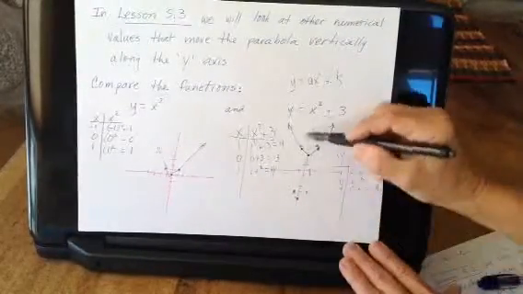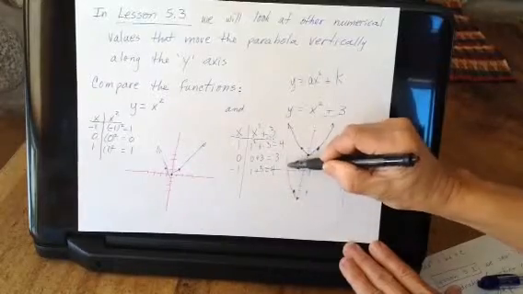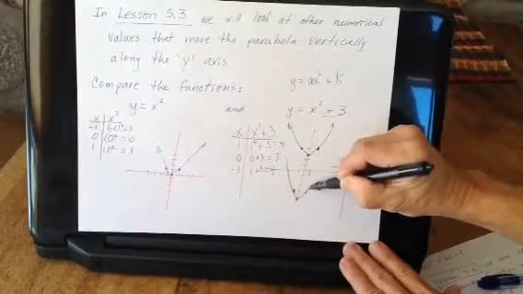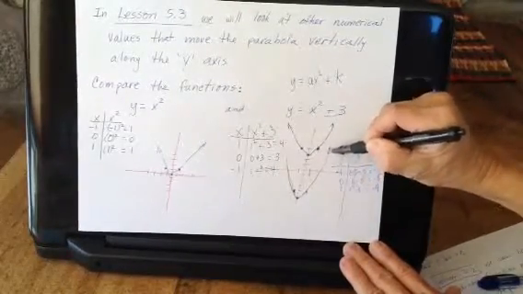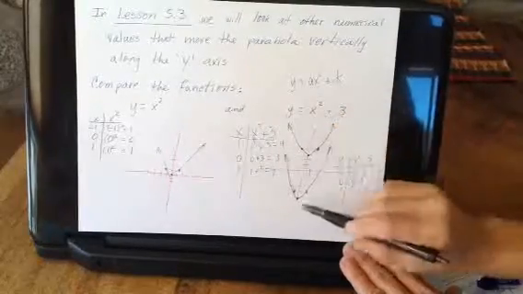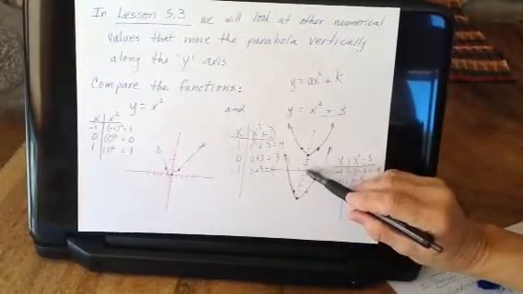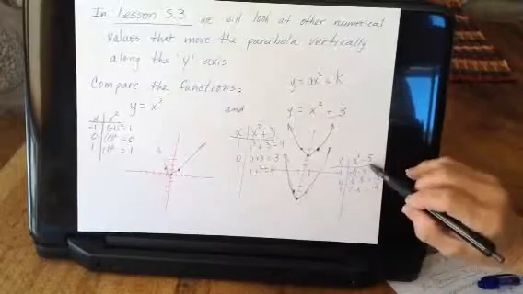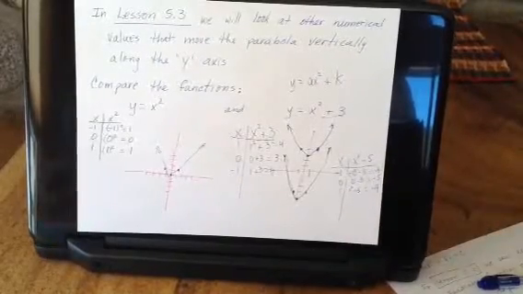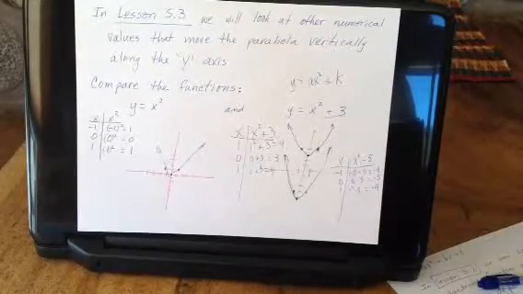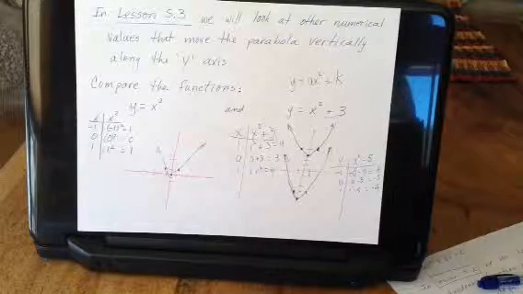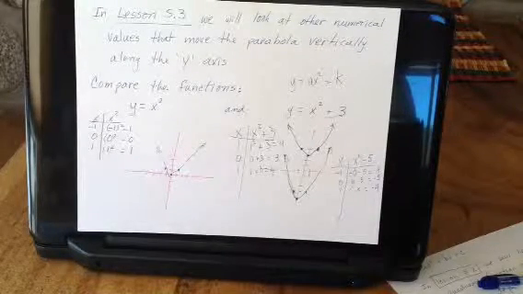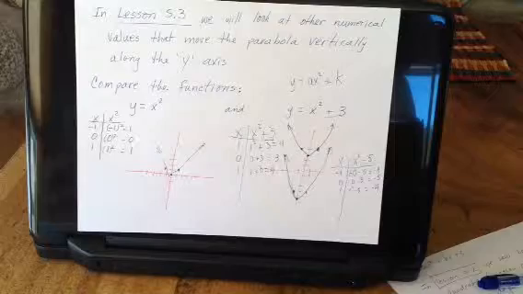So again, it should end up about the same width because a is still the same. But now we translated from the origin, we went down 5. So hopefully that helps you see how the parabolas move up and down vertically on the y-axis depending on what k is.